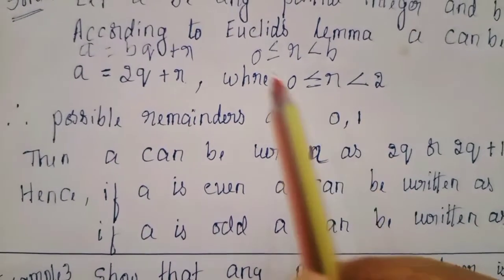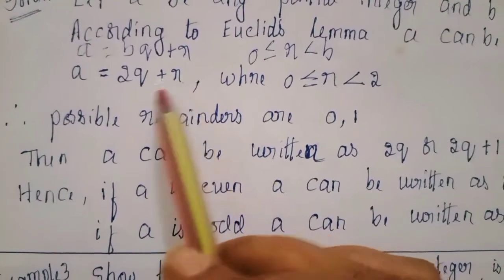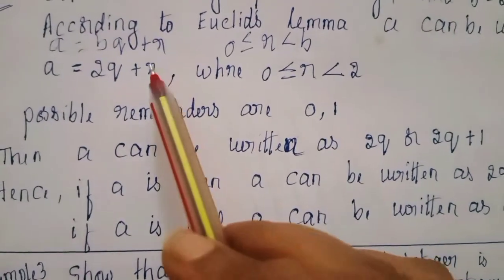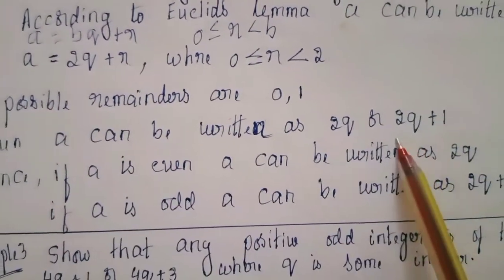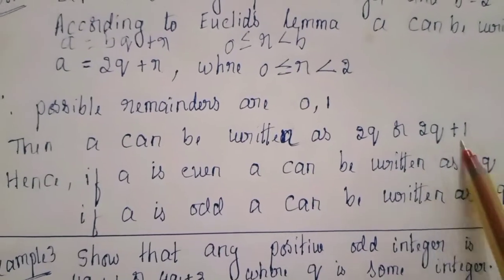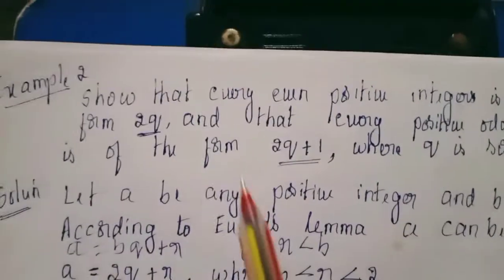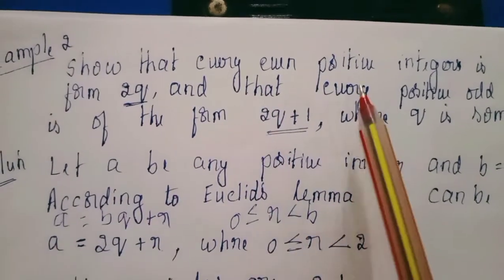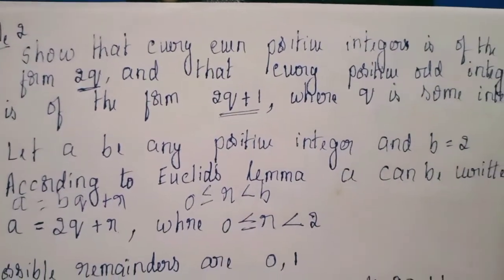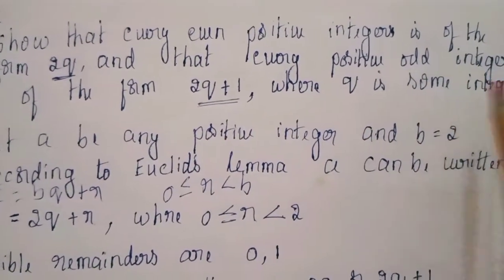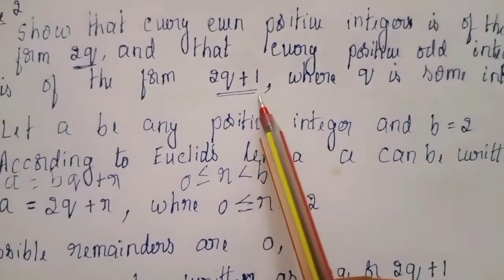If I take 0 as the remainder, then a can be written as 2q. If the remainder is 1, then a can be written as 2q plus 1. So these are the only two possibilities. That is what the question is asking: show that every positive even integer is of the form 2q and every positive odd integer is of the form 2q plus 1.